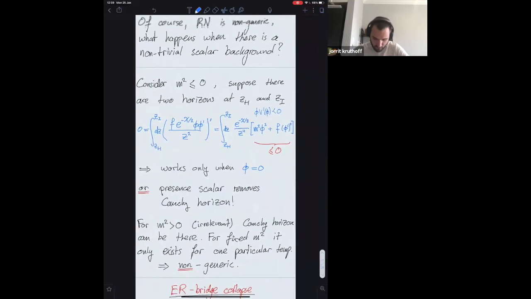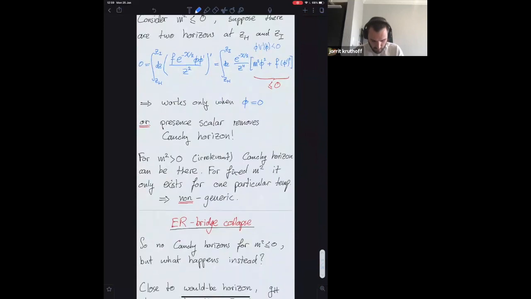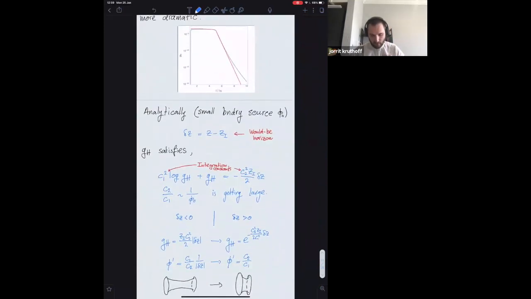But that's just the Cauchy horizon problem. What happens to this Einstein-Rosen bridge collapse? All these regimes are highly nonlinear with intricate behavior going on, and so they're probably affected by that scalar field potential, and they could change significantly.